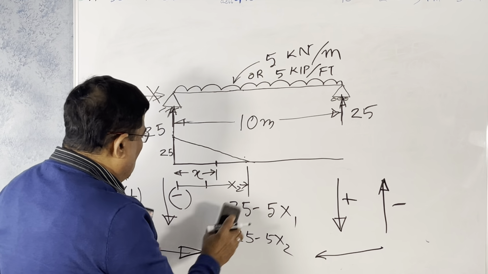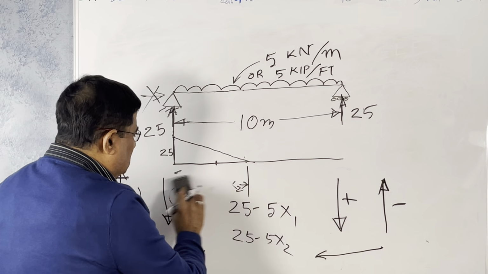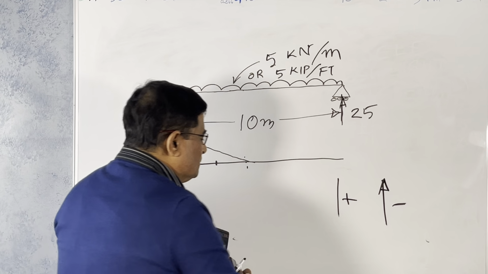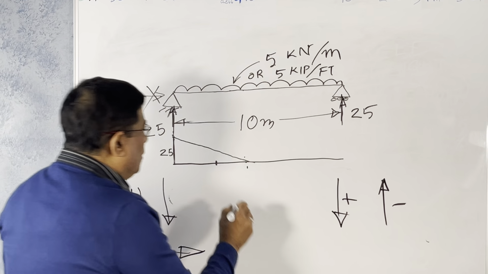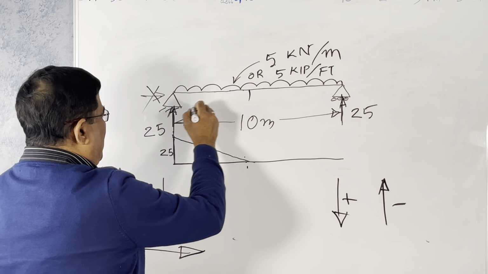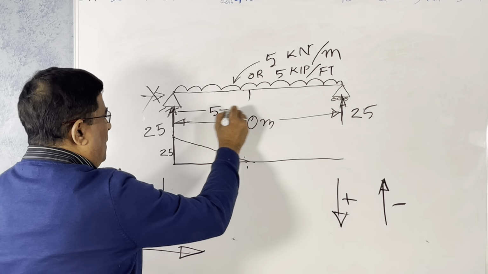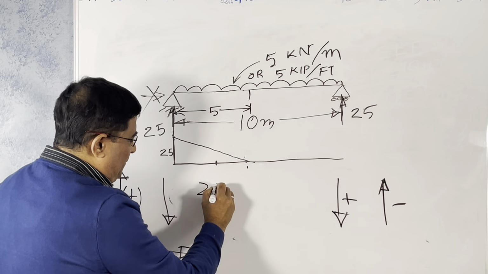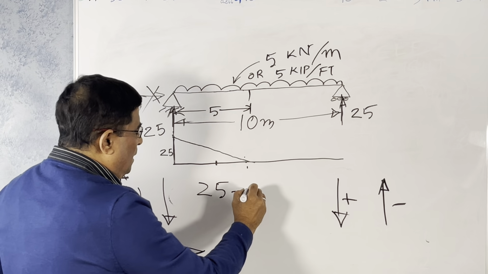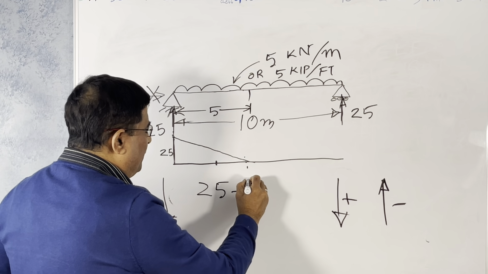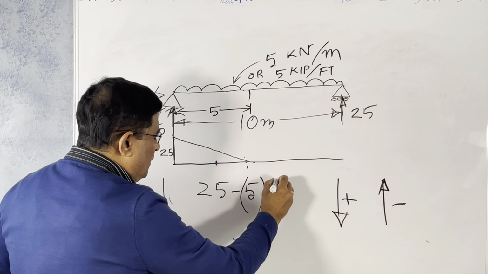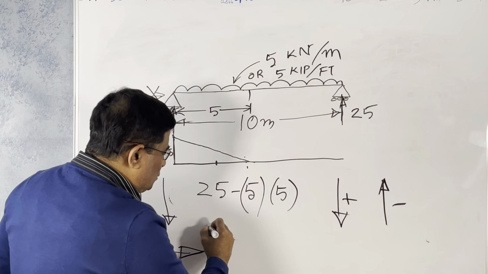What happens at the midpoint, 5 feet or 5 meter? So 25 minus 5, distance is 5, intensity is 5, so 0.